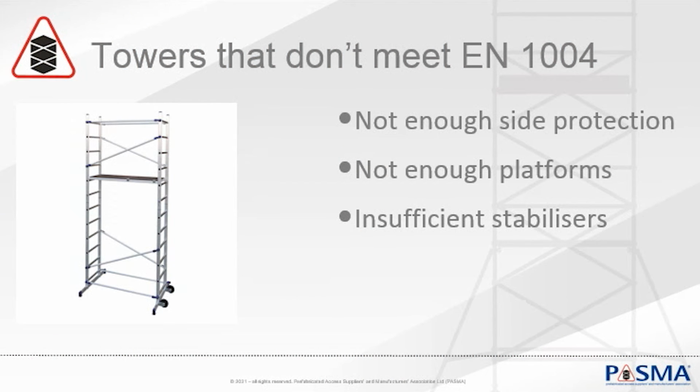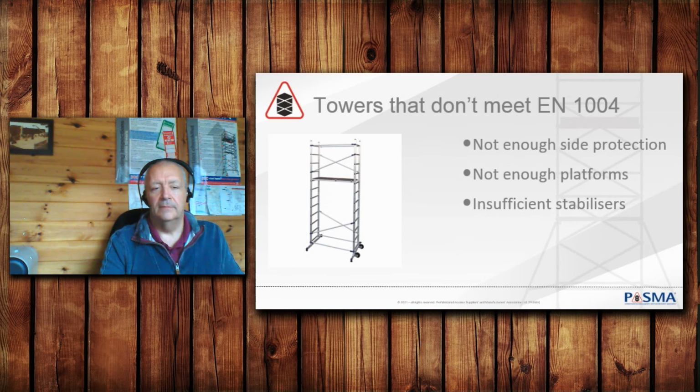These towers, which don't meet EN 1004, don't have the side protection to meet the requirements of the standard. They're not supplied with enough platforms. They're not supplied with a means of stability which complies with the standard, and it's almost impossible to build them safely.